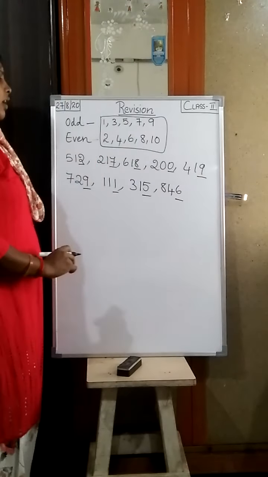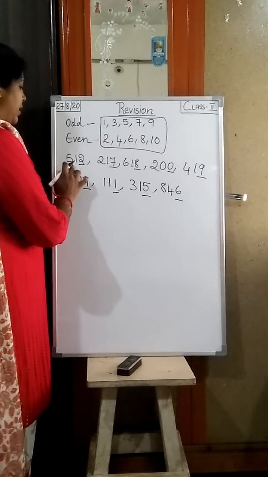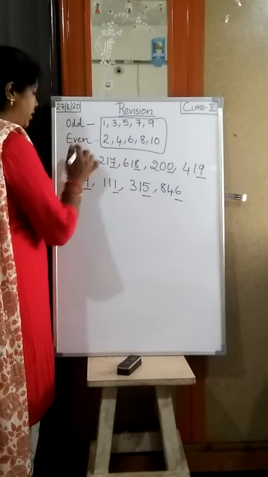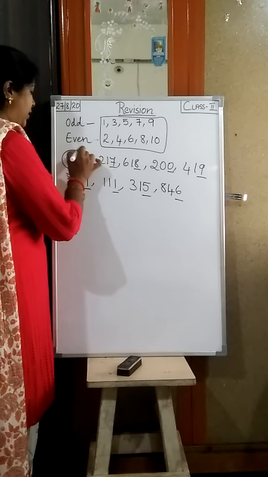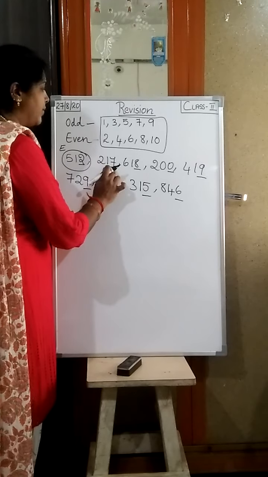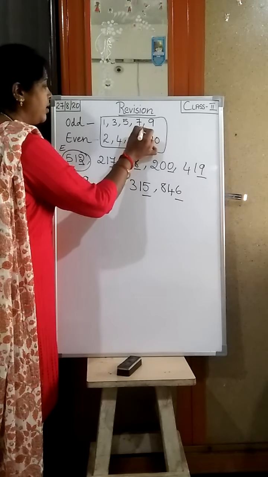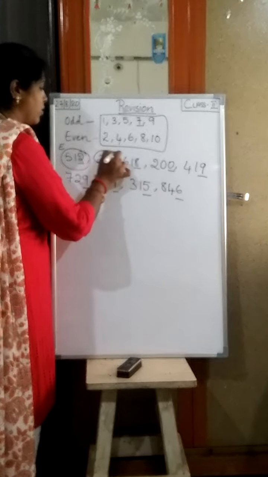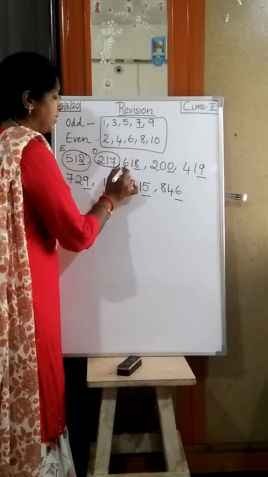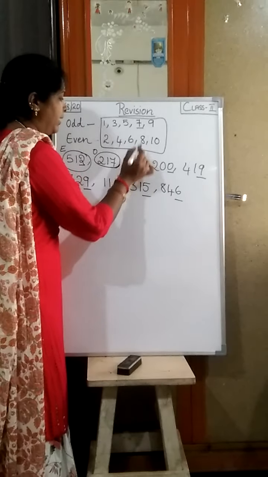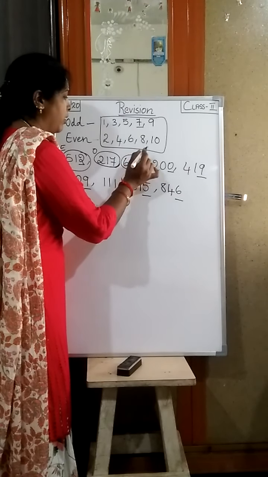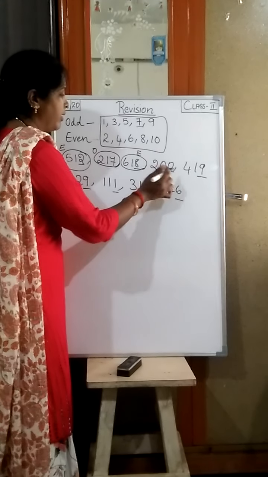Okay, if you see the ones place, 512. So 2 is an even number. So this is even. Okay, now 217. See, 7 is in the odd place. So odd, O. And 618. So 8 is in the evens place. So even.